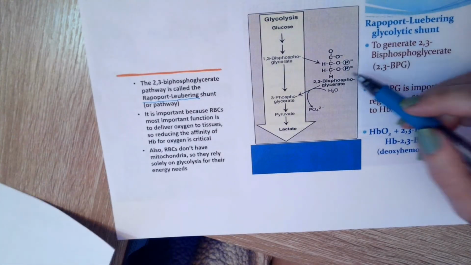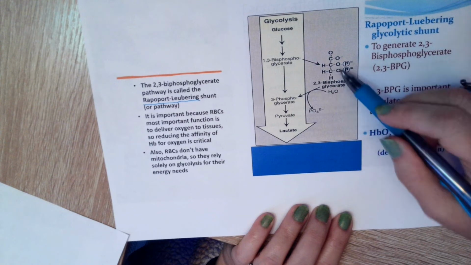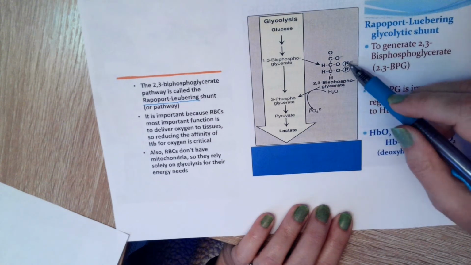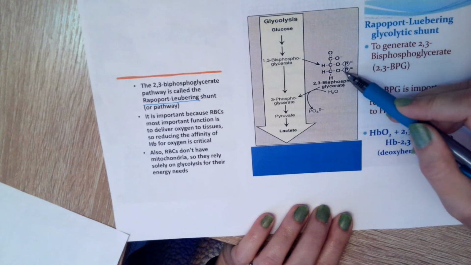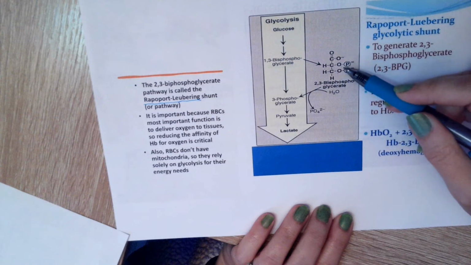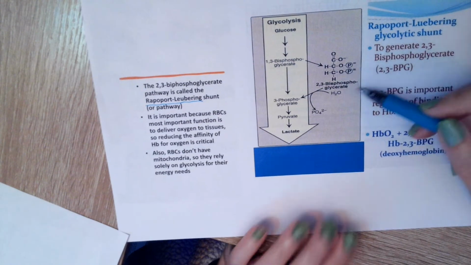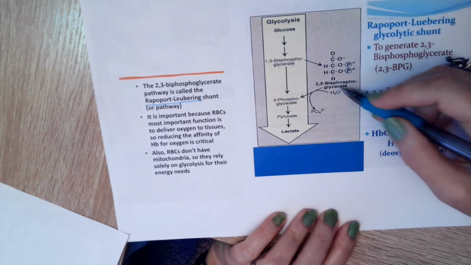Now we're putting it on the second carbon and the third carbon. So instead of 1,3, we're putting it on 2 and 3. So just essentially shifting the phosphate from here to here. That's it. And this is what can bind to hemoglobin.